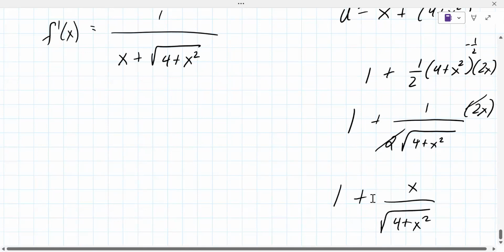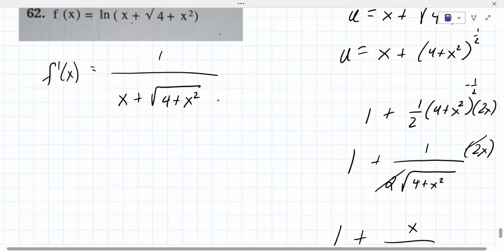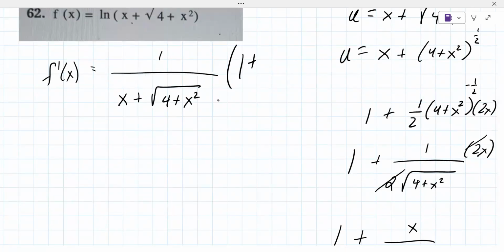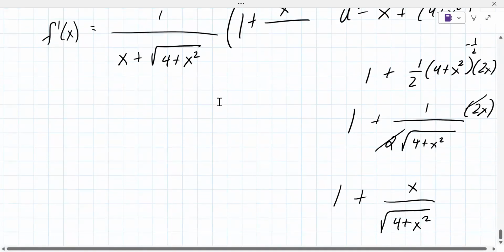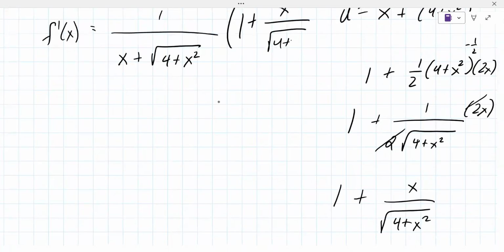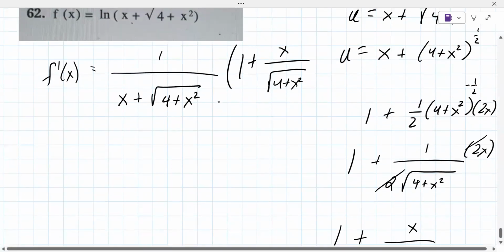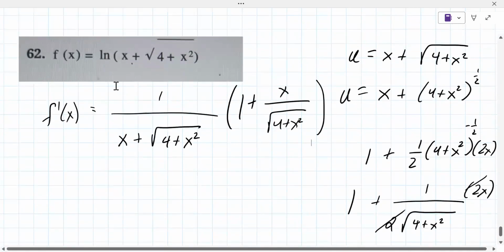But this is the derivative of the inside function. That's what gets paired up over here over square root 4 plus x squared. So this is 1 over the inside function times the derivative of the inside function, which is here.